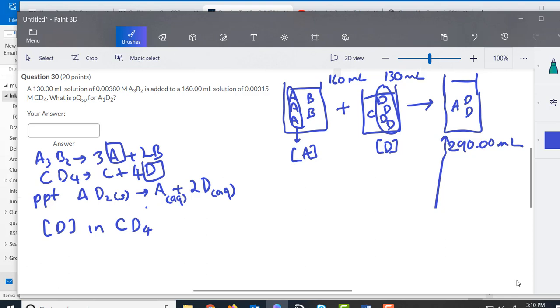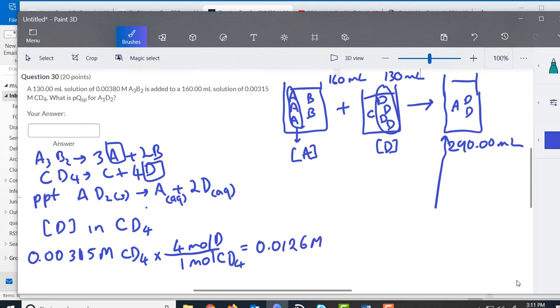The way we'll get that is we will do 0.00315 molar, that's CD4, and that's from up here, times 4 moles of D for every 1 mole of CD4, which is going to come out to be 0.0126 molar.